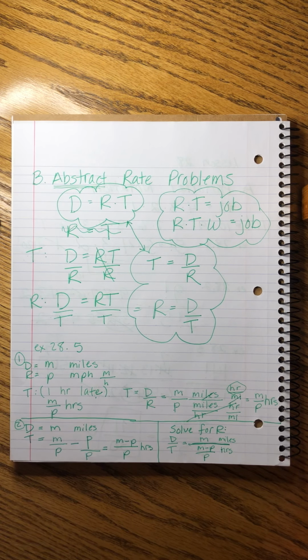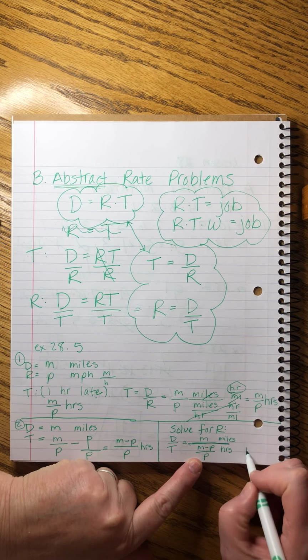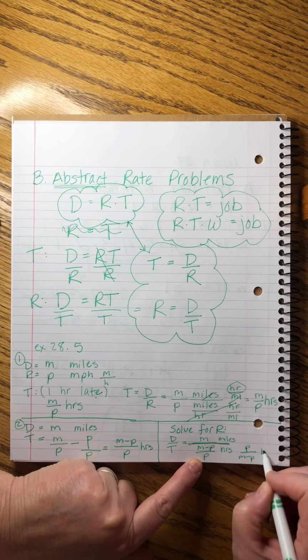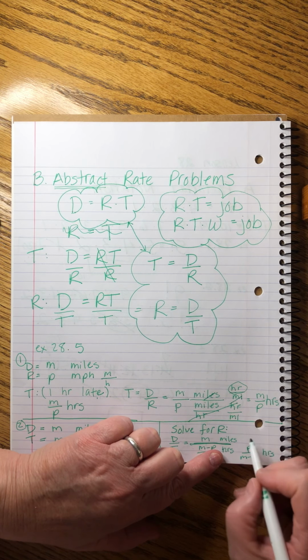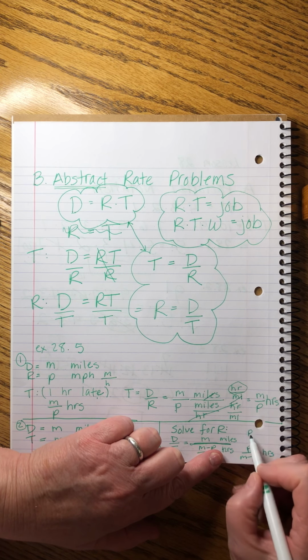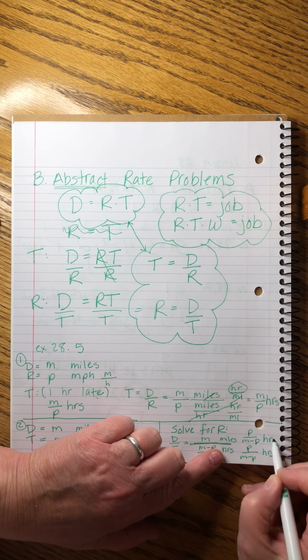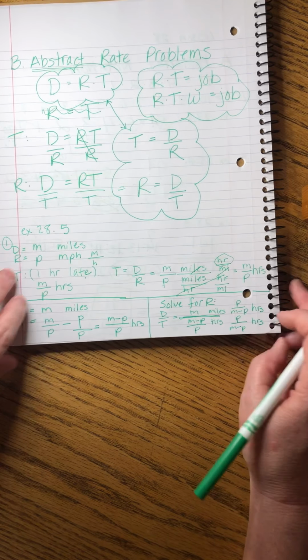Okay, and now we put on our complex fraction brains and go, okay, we want to turn the bottom to 1, so we're going to multiply it by p over m minus p hours, just the 1 unit. We have to multiply the top by p over m minus p hours. It's really hard to see. Let me just move my whole book up.